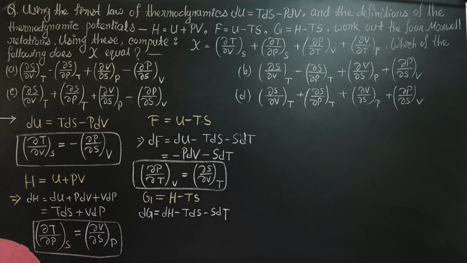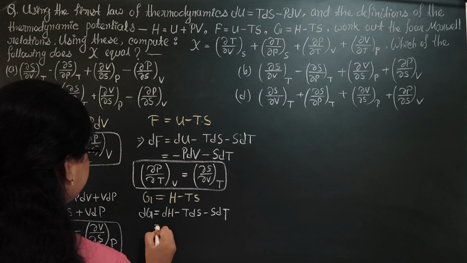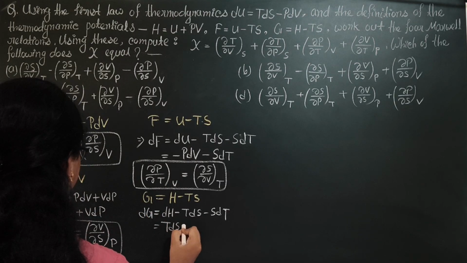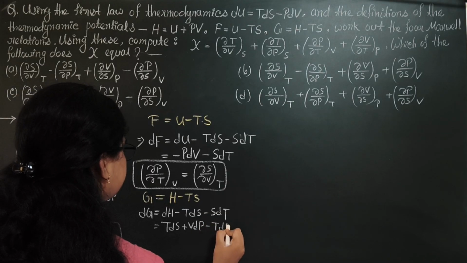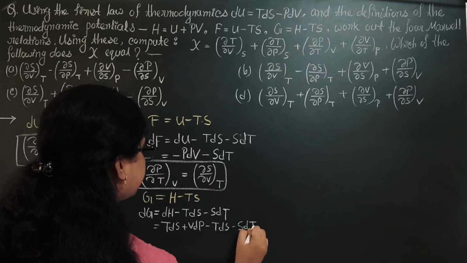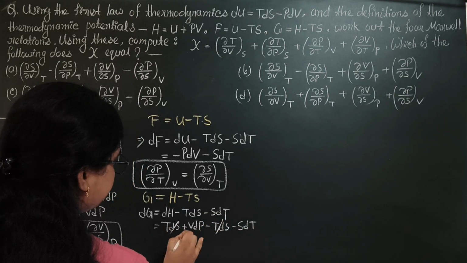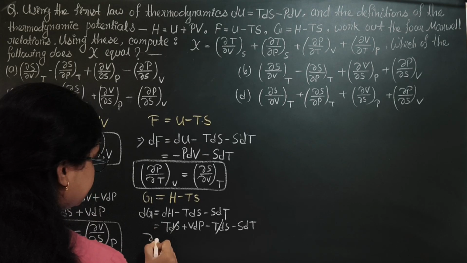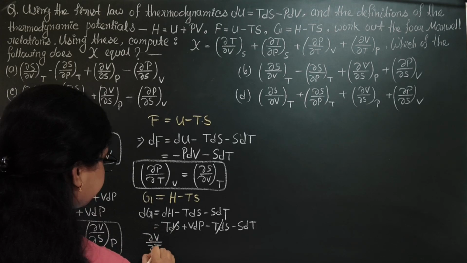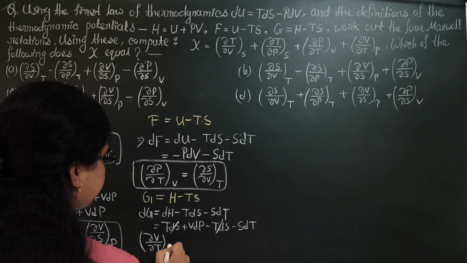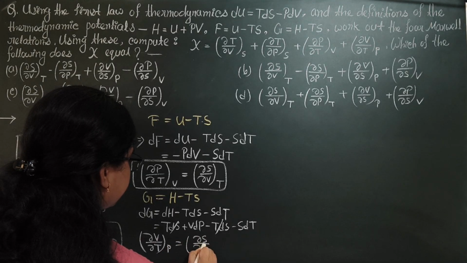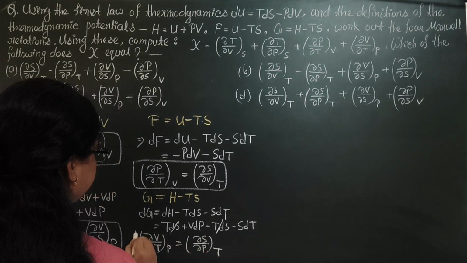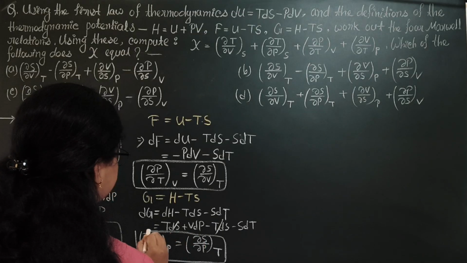Put the value of dH from here, so we get TdS plus VdP minus TdS minus SdT. So TdS will cancel out. From here we can write del V del T at constant P equals minus del S del P at constant T. These are the four Maxwell's equations.